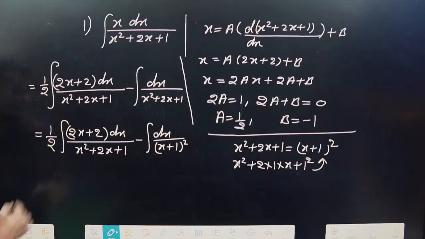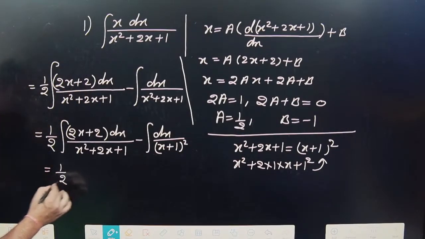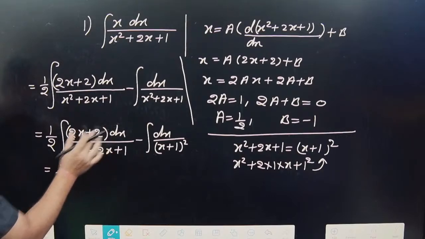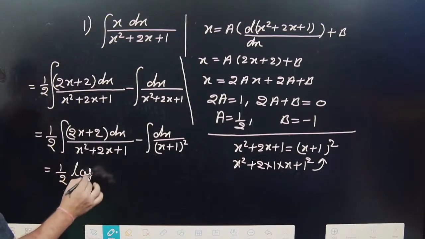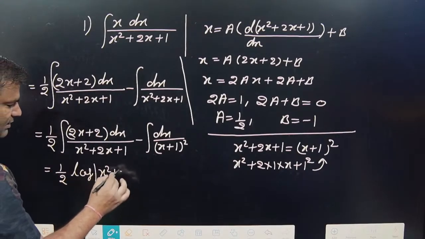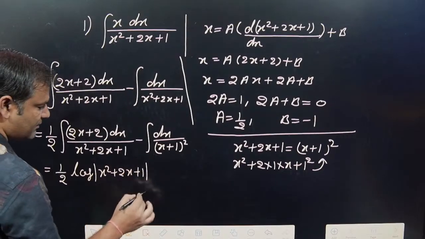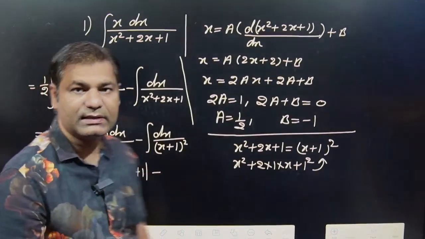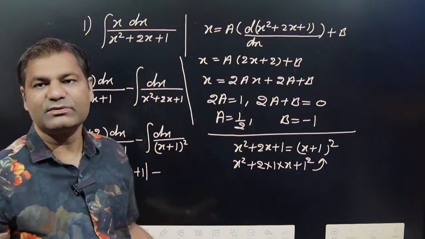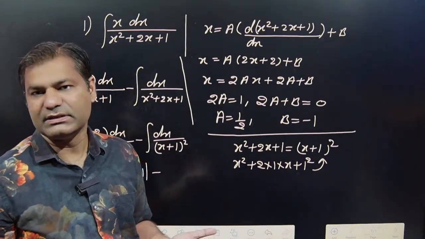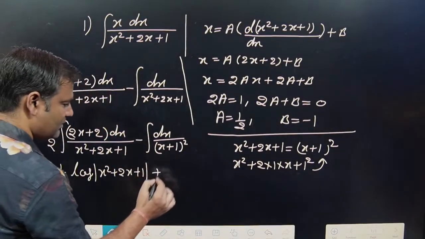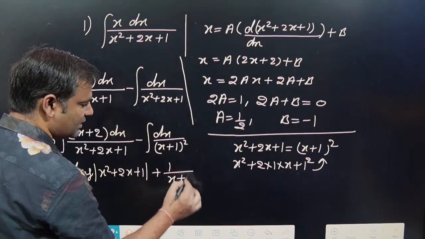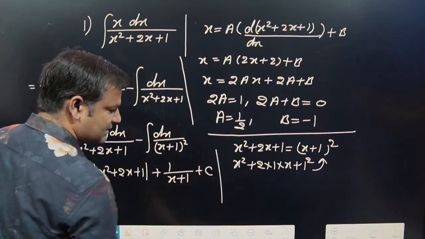Now what about that first value 1 by 2? If this is t, that is dt. So we get log of modulus of x square plus 2x plus 1, and the other one is basically 1 by t square. The integration of 1 by t square is minus 1 by t. So you get plus 1 by (x plus 1) and a new constant c.